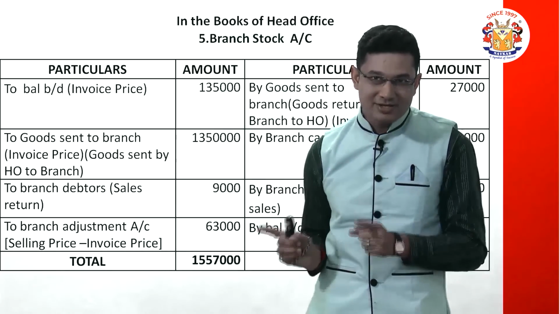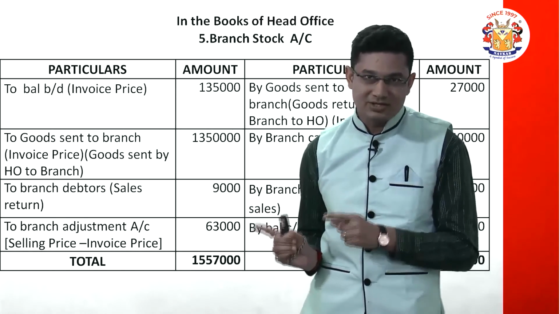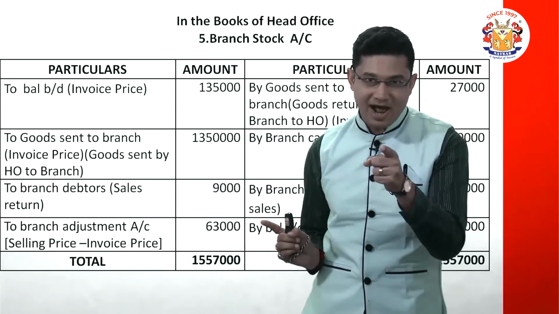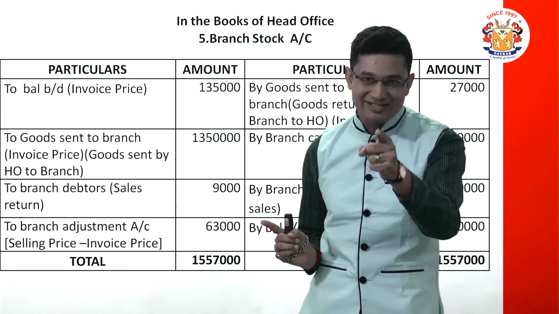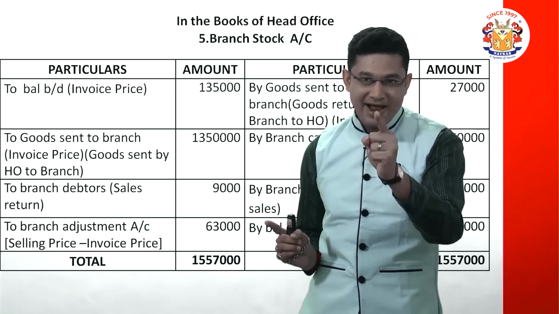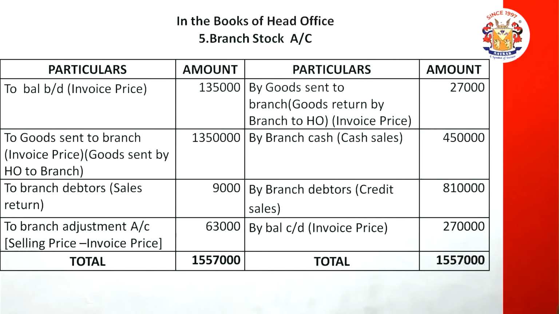So the difference on the debit side of branch stock account, 63,000, is nothing but the difference between selling price and invoice price, means normal profit made by branch. The 63,000 will be transferred to branch adjustment account.